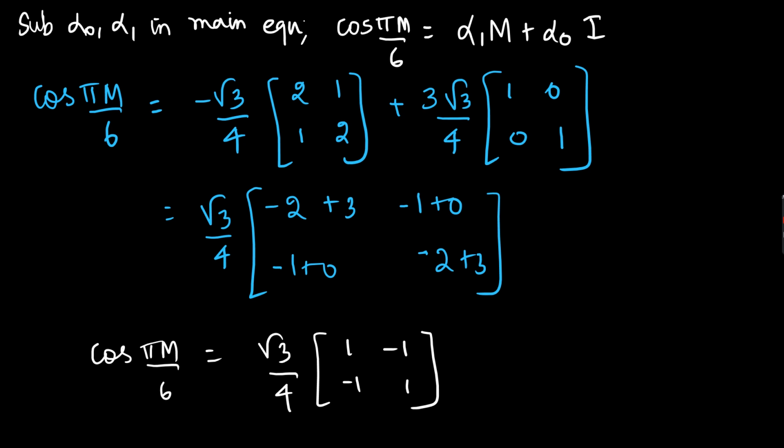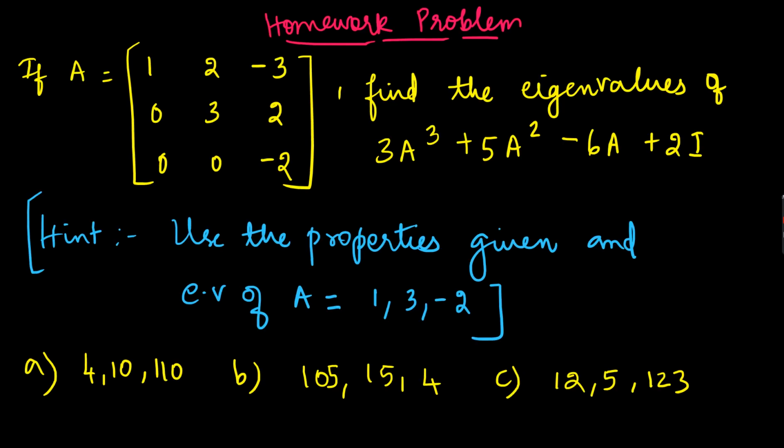You'll find this easy, and you can see you'll have questions based on this. Obviously this is also a previous year question, so you can find previous year questions based on this topic. So this is your homework problem where I have given a matrix A, and you have to find the eigenvalues of this following matrix. So this is so big, right?